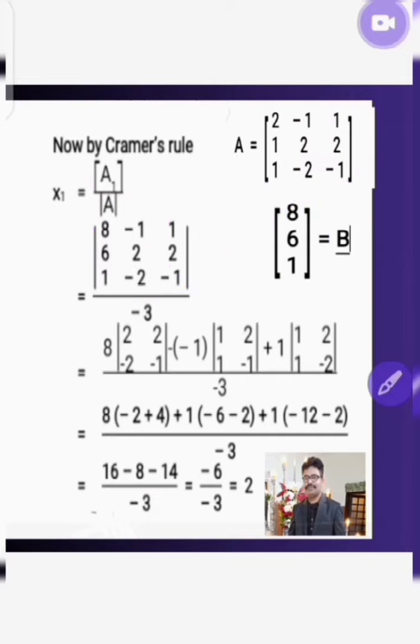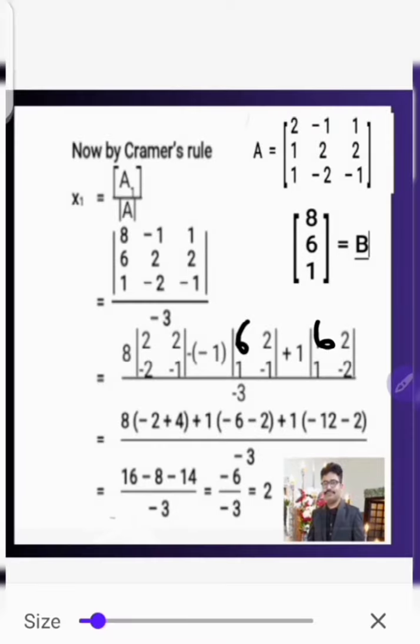Okay. Now, I have explained the 3 cross 3 determinant before. We will follow the procedure. Now, if we take the first element, that is 8, the row and column of that value will be cancelled. The remaining values 2, 2, minus 2, 1 are written here.